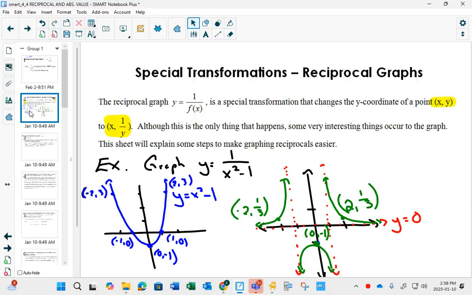And if your graph is going up forever, its y values are getting bigger and bigger and bigger. And if the rule says you do 1 over y, if y is really, really big, like 1,000,000, 1 over 1,000,000 is really close to 0. So if your graph has arrowheads that go up forever or down forever, you will always have an asymptote at y equals 0. It's like saying the degree is bigger on the bottom.